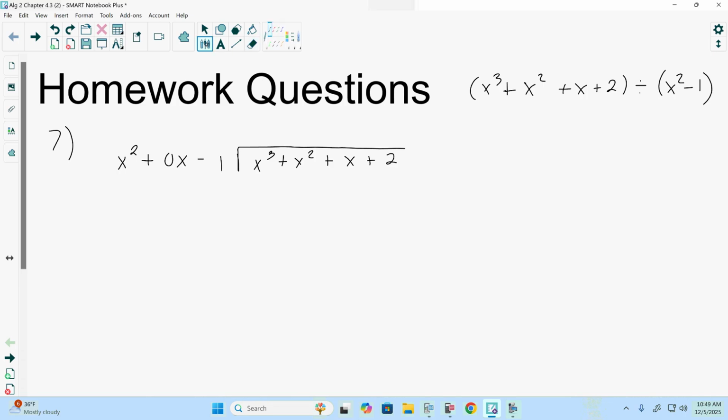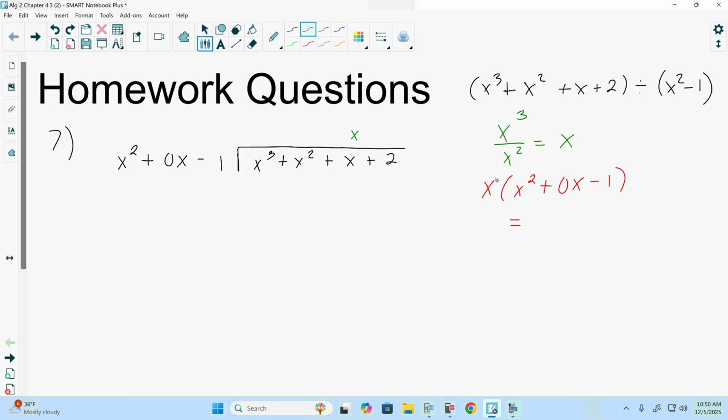Now the first thing we're going to do is our division, or dividing the biggest term inside, divided by the biggest term outside. Well, x cubed divided by x squared is going to be x, so that's going to be our first part of the answer. Then we take that there and multiply it by our expression outside.